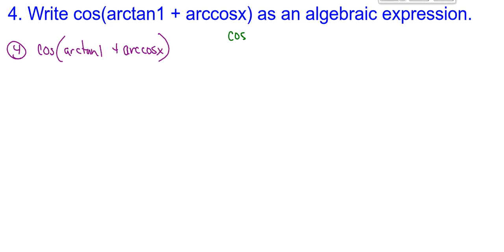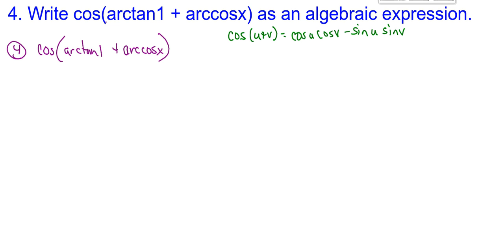So cosine of u plus v is cosine u cosine v minus sine u sine v. So obviously I have to figure out sines and cosines for each one of these. And I'm going to color code this as I go.